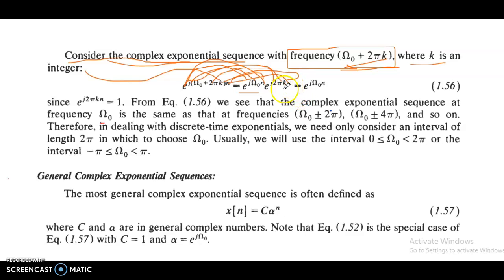So we will take this e power j omega naught n only here. This e power j 2 pi k is equal to 1, meaning e power j 2 pi k is equal to 1.